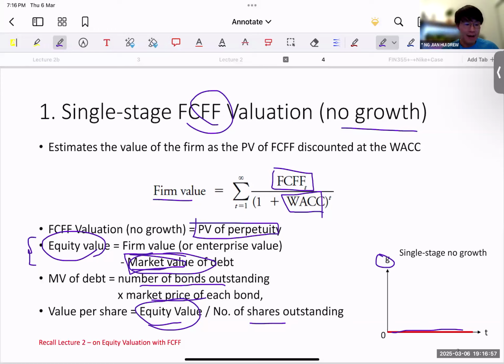Value of firm is equal to equity value plus debt value, right? But enterprise value has a slight difference in terms of the formulation. You must add back your non-controlling interest, which is generally not part of equity. If the subsidiary is part of the group, then it's part of the equity. But non-controlling interest is not part of it. For enterprise value, you will have to add it back and subtract the cash. Yes, you're right.